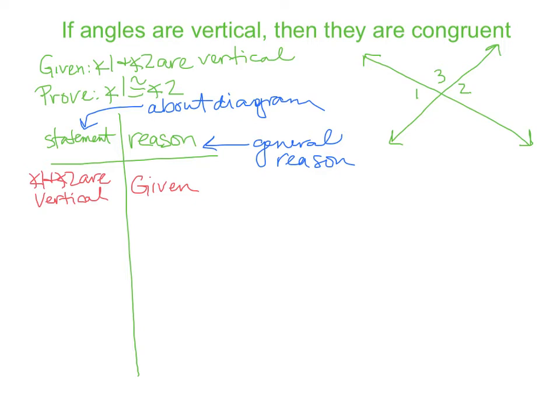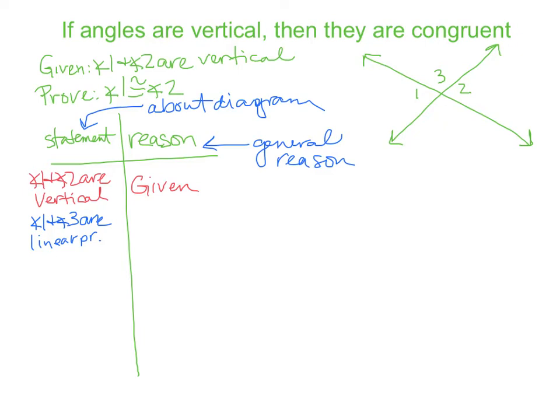What I'm going to say first in this proof is, angle 1 and angle 3 are a linear pair. I apologize for my handwriting. And why is that true? How do we know that?